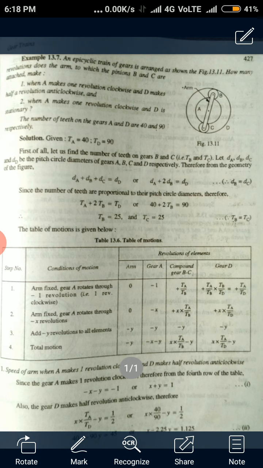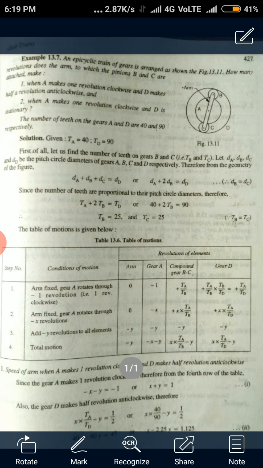Next, coming to gear D, B meshes with D. So we can write NB by ND equal to TD by TB. So multiply equations 1 and 2. Earlier you take it as equation 1, the second speed ratio take it as equation 2: NB by ND equal to TD by TB. Multiply the first and second. So what are you going to write here? TA by TB into TB by TD, LHS to LHS, RHS to RHS.